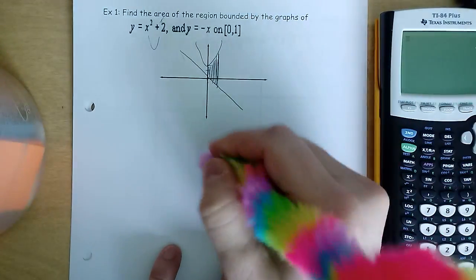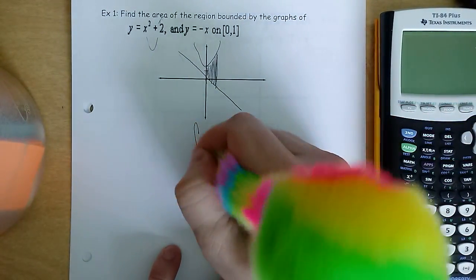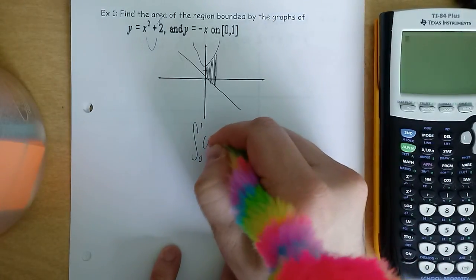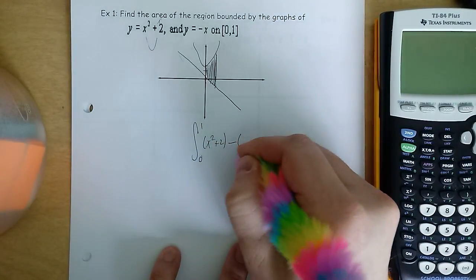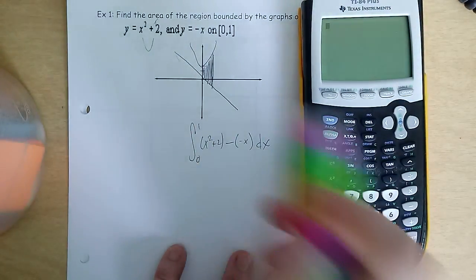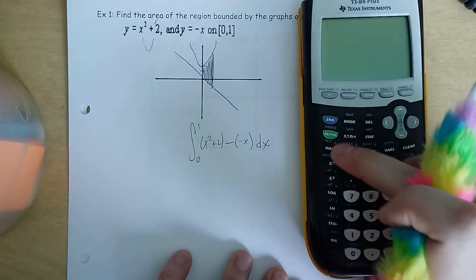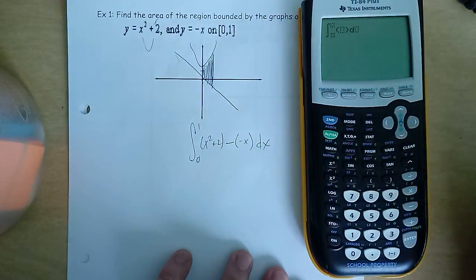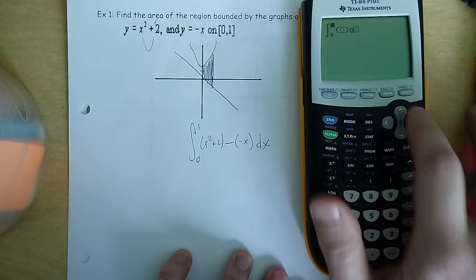If I want to find that, that one's on top. So all I have to do is go from 0 to 1, take x squared plus 2, and subtract negative x dx. So it's top minus bottom, and I just drop this in. From 0 to 1.